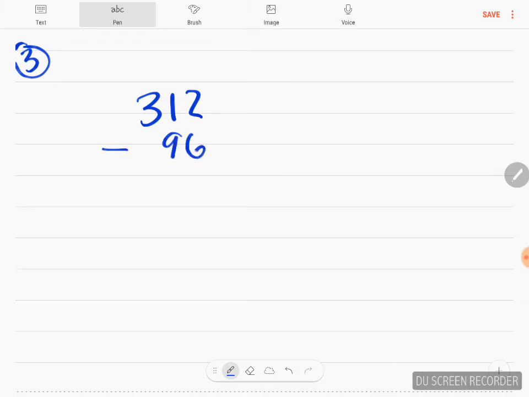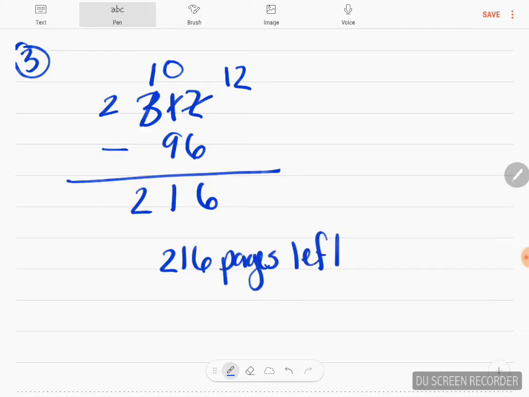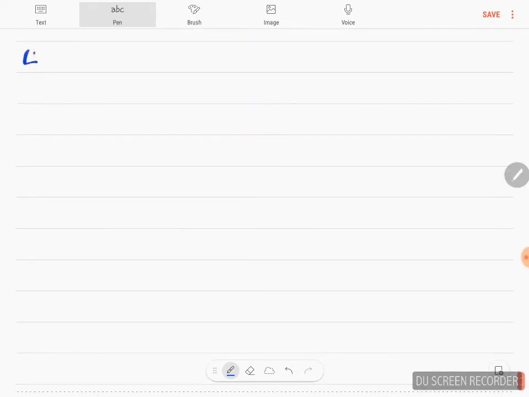You got to cancel. That's a 0. 12 minus 6 is 6. Need to borrow 2. 10 minus 9 is 1. Bring down my 2. He has 216 pages left.